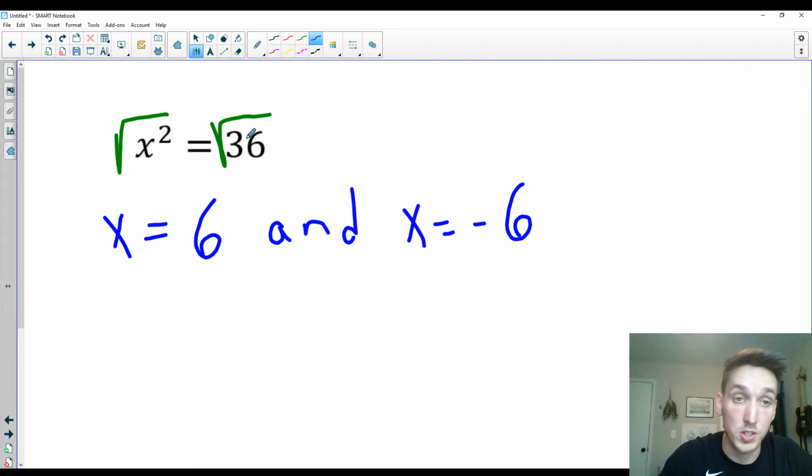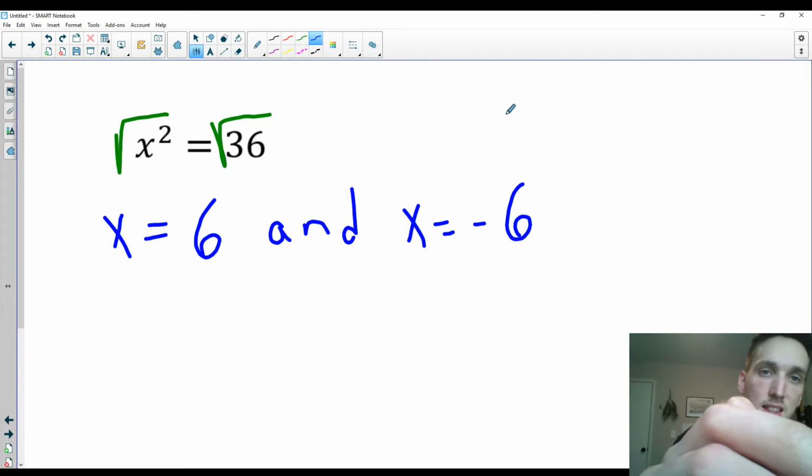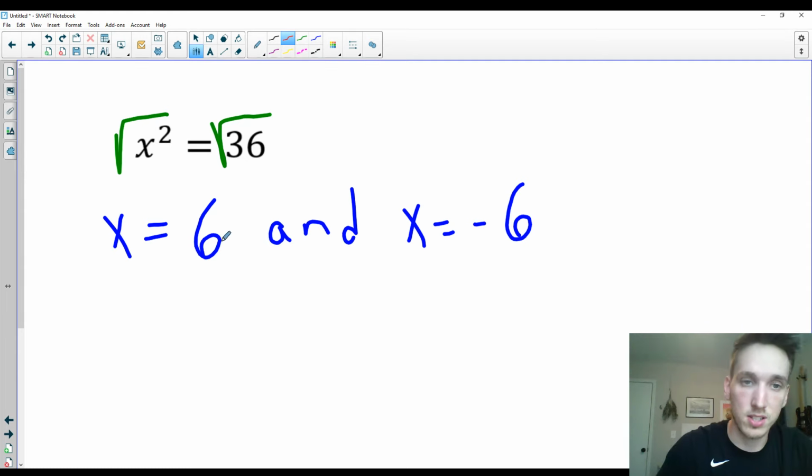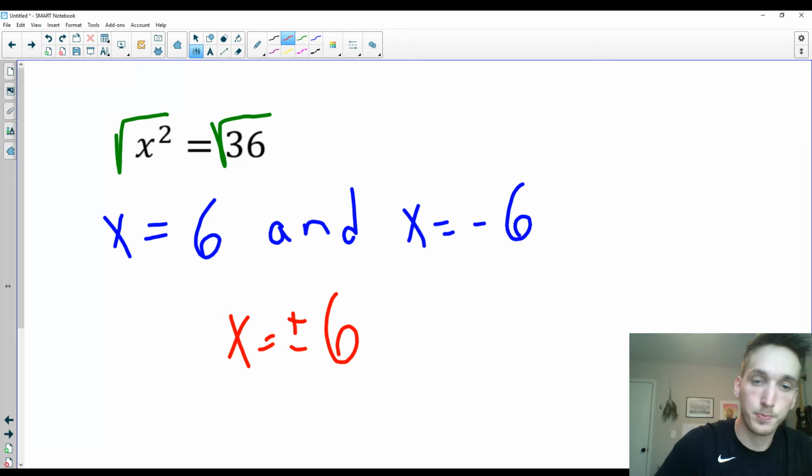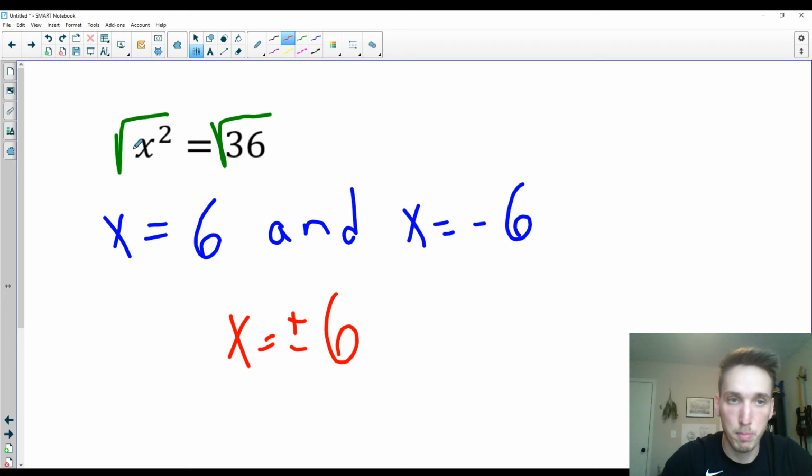So this equation has two answers. And the way we normally write this in shorthand, whenever it's the same number with opposite signs, we write it like this: x equals plus or minus 6. Because positive 6 squared is 36 and negative 6 squared is 36.